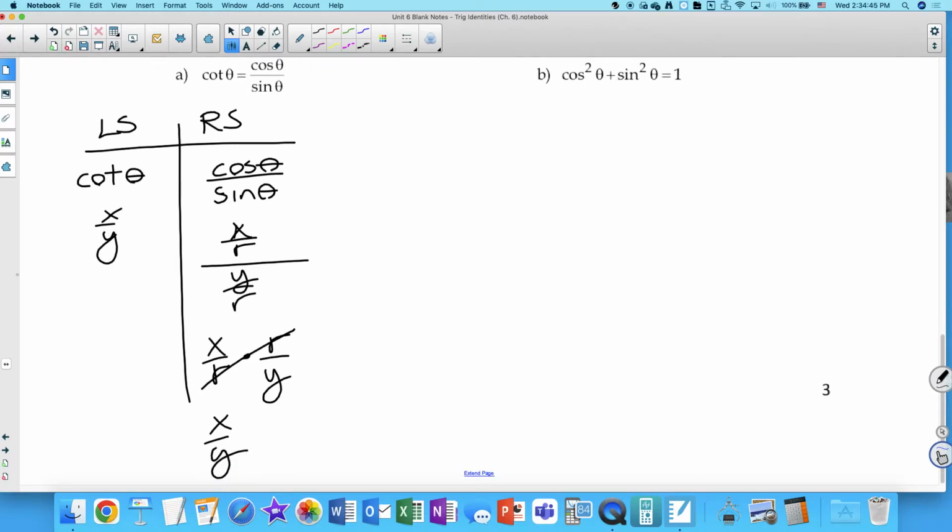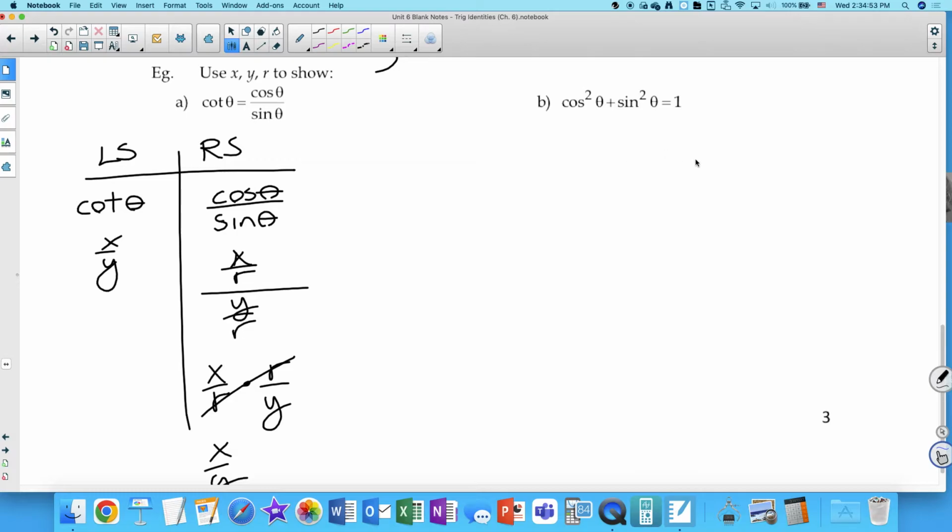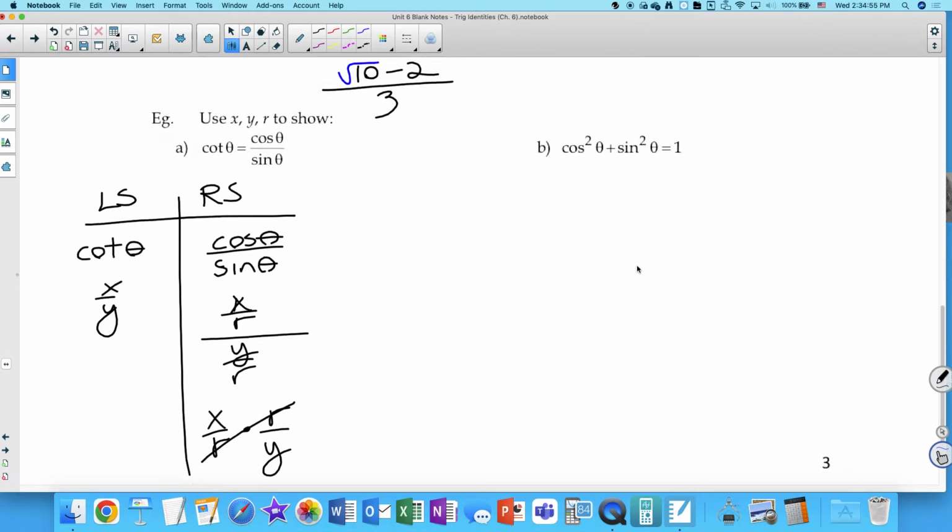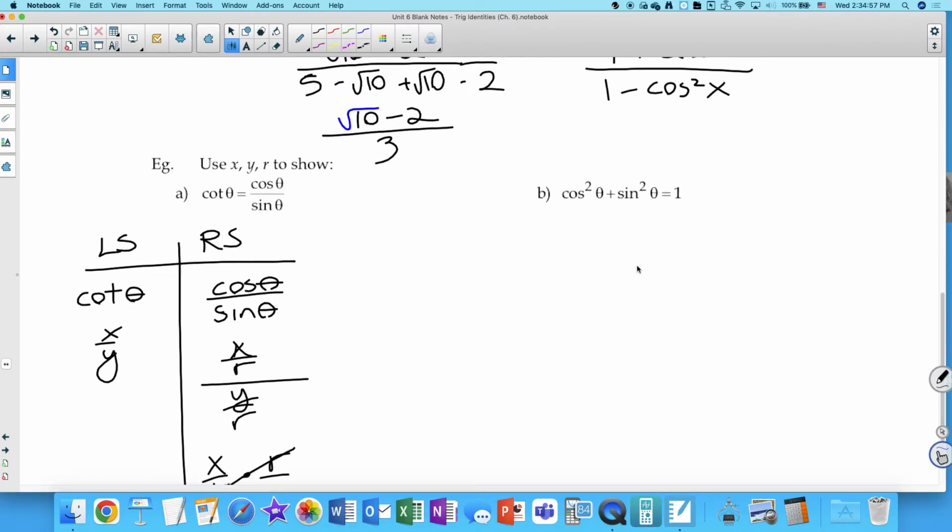All right, so let's look at this one. Now, we sort of showed this using the Pythagorean theorem, but we can also show this Pythagorean identity using x, y, and r as well. So with this particular identity, I'm not going to touch the 1. That's pretty simple. And this is another general rule of thumb.